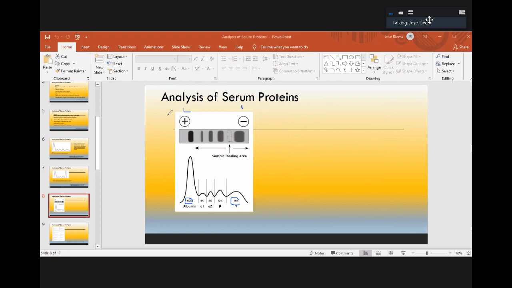But this is the class, so remember you're running with a pH, if you're running in a buffer, they have some electrical current, so everything is migrating to the positive side. And so all the proteins are charged. So you normally will see them from the negative here on top and the positive over here.